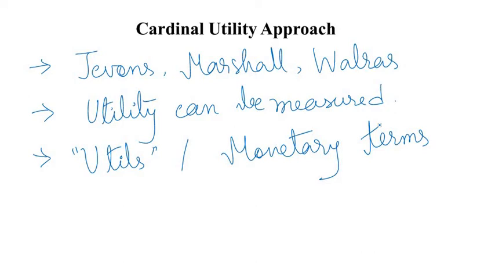And in equilibrium, the marginal utility of a certain commodity is equal to the price level. These are the assumptions that we are making. Now, before I move to the diagram, I will quickly show you how to get to the equilibrium point.